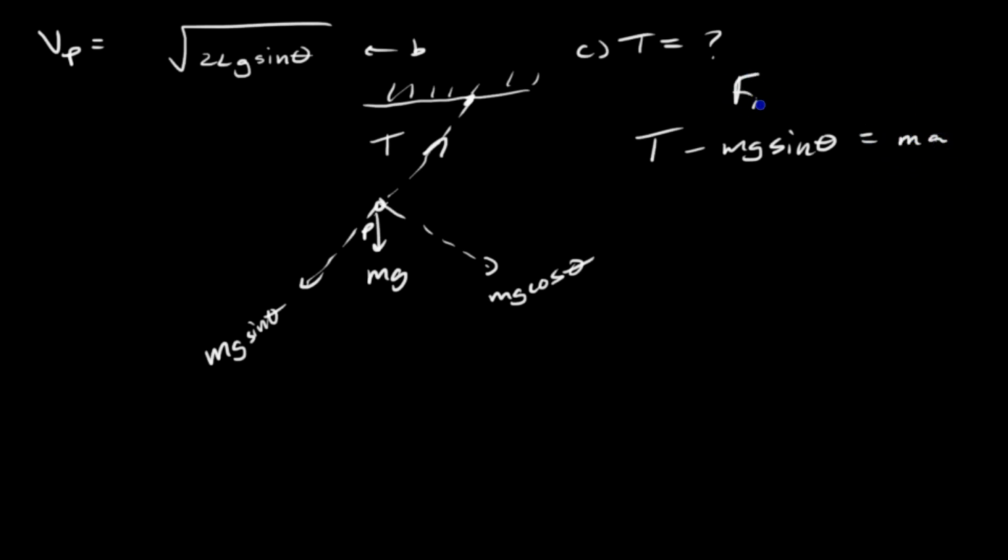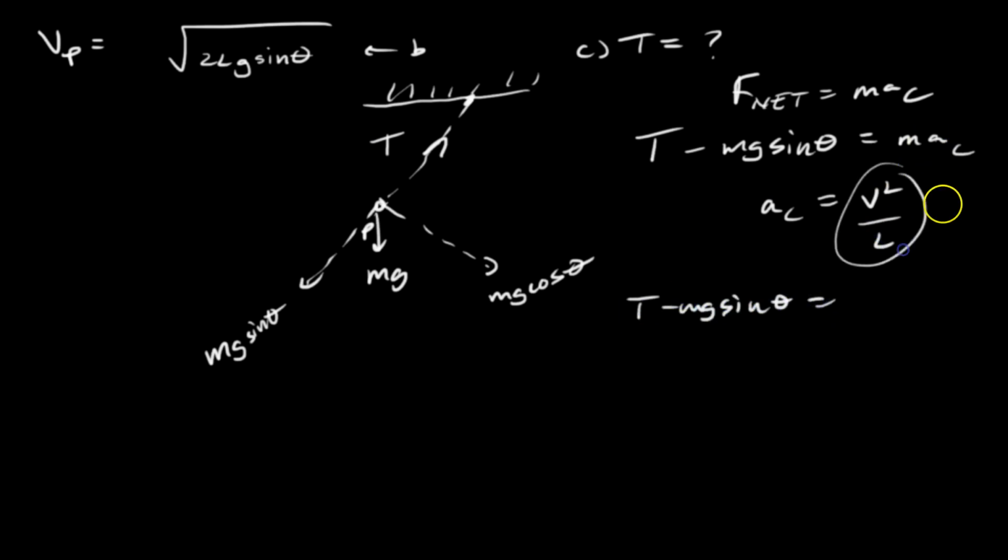because we know that the sum of the forces is going to be ma, but this a is not a normal a, it's going to be centripetal a. And remember I said previously, centripetal acceleration is going to be v squared over L. So T minus mg sine of theta equals ma, and we plug this back in, so it's going to be mv squared over L. But what's v?